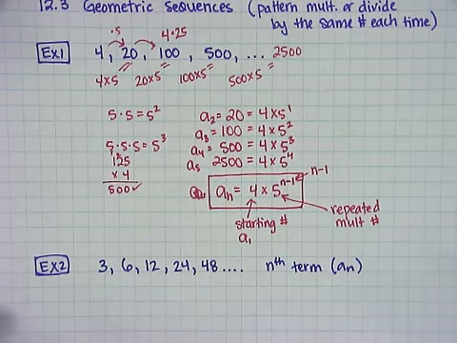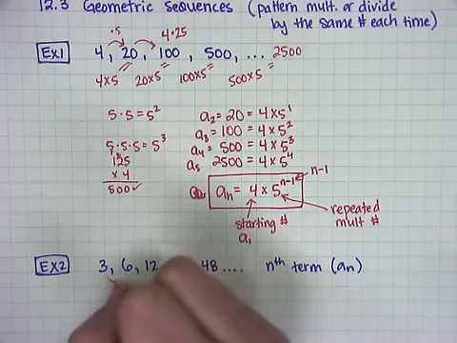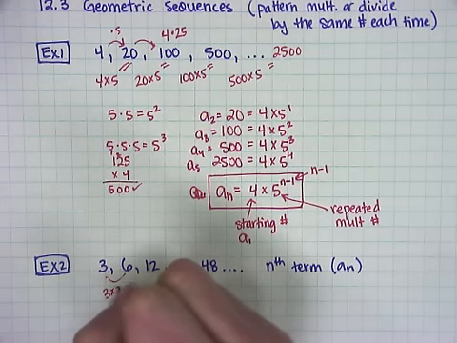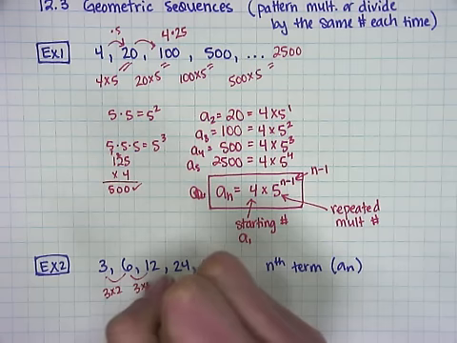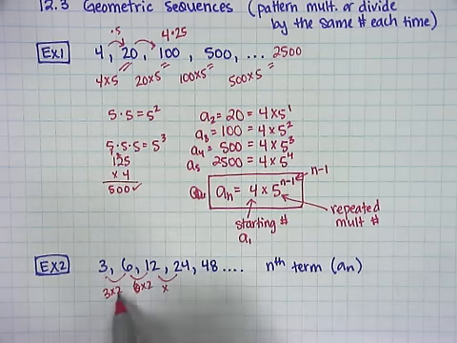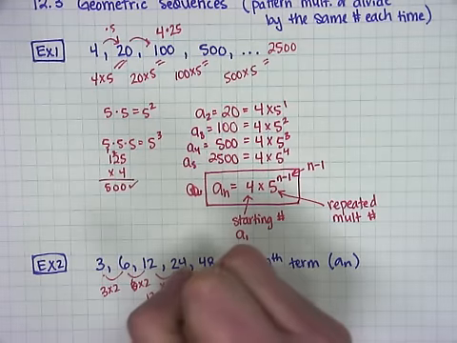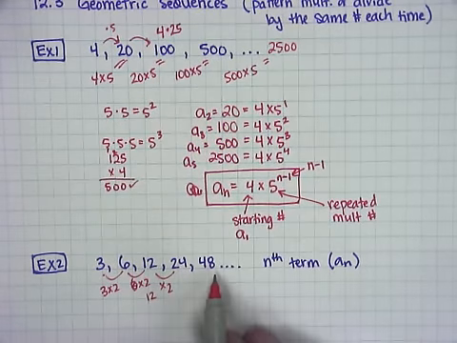Would you guys take a second and look at this and see if you can identify the pattern? What you should notice is that each time I am multiplying by 2, because 3 times 2 is 6, 6 times 2 is 12, 12 times 2 is 24, and so on.